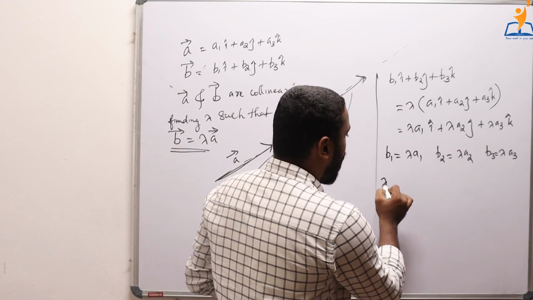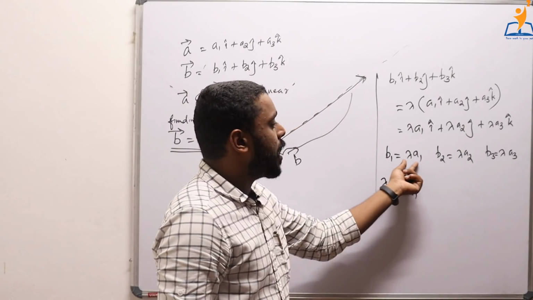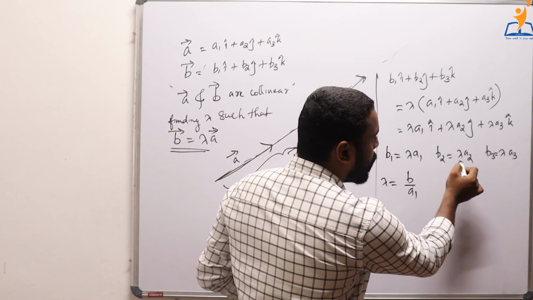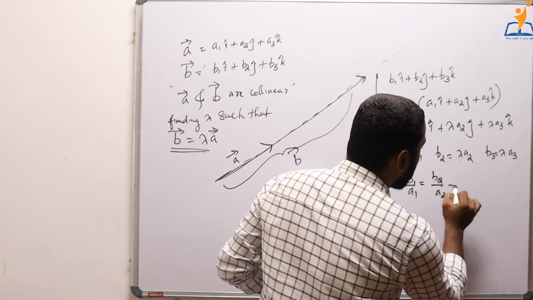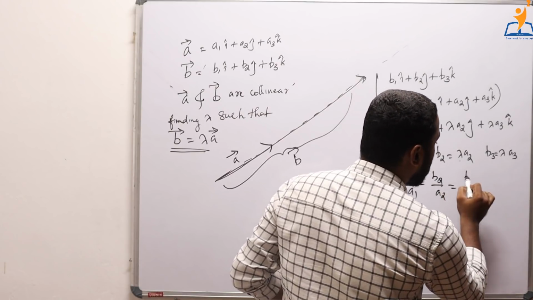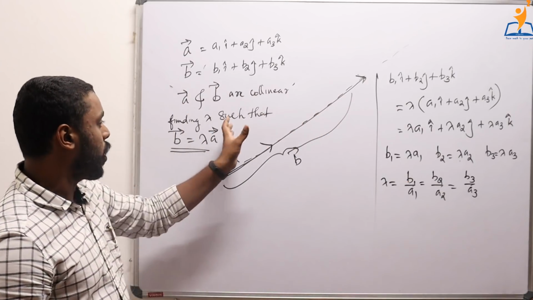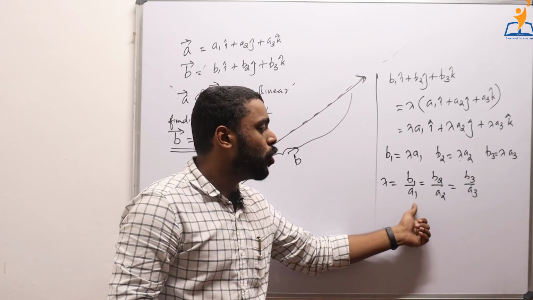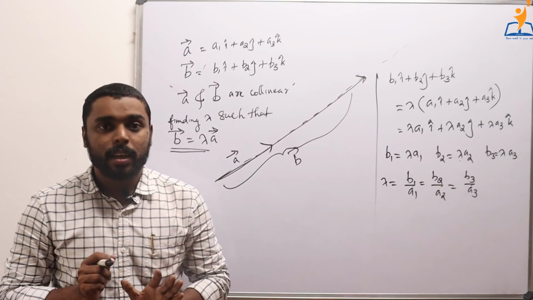That is, lambda is equal to b1 by a1, same lambda is equal to b2 by a2, same lambda is equal to b3 by a3. So in order for two vectors to be collinear, we have to find a lambda such that lambda is equal to b1 by a1, b2 by a2, b3 by a3.